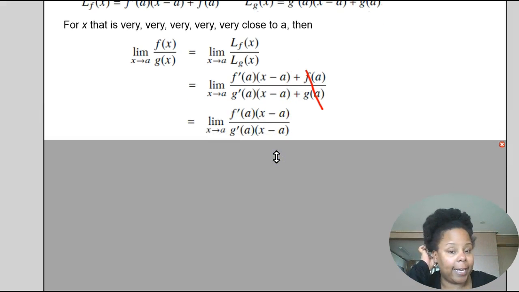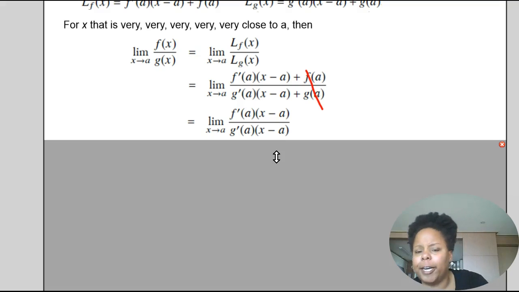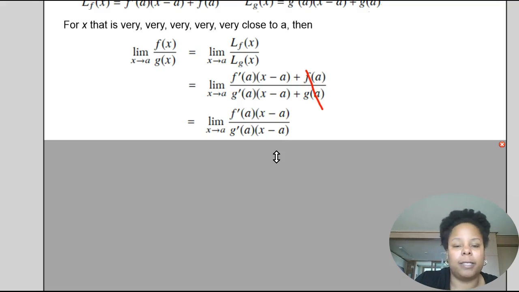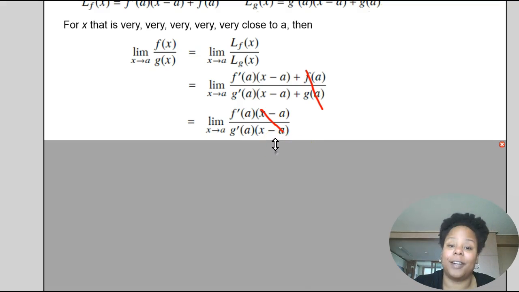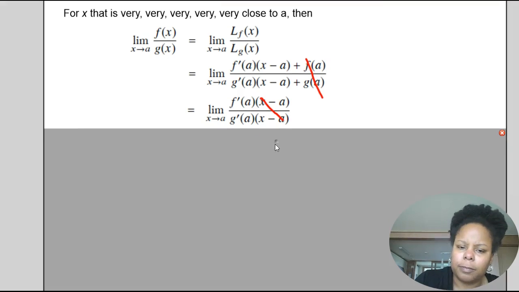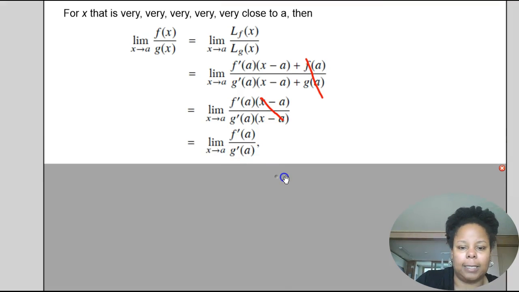As you remember, x is very, very close to A, but it's never going to be equal to A. So this ratio right here is always going to be 1 for any x that's not A. So we end up with something like this.